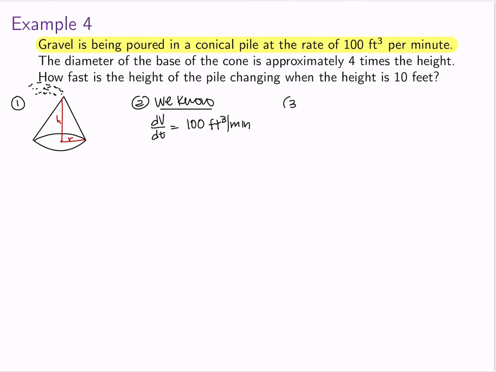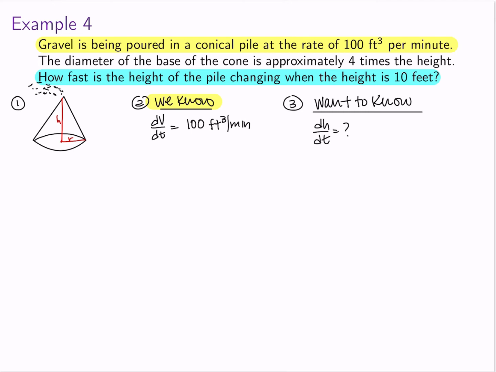Now let's look and see, what do we want to know here? It says, how fast is the height changing when the height is 10 feet? So we want to know what is dh dt at the instant in time that height is 10 feet.